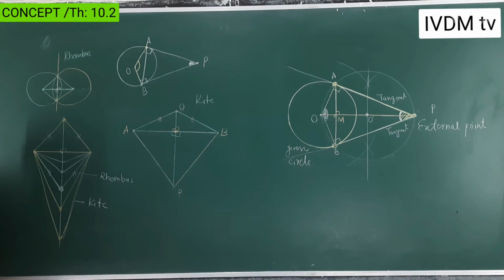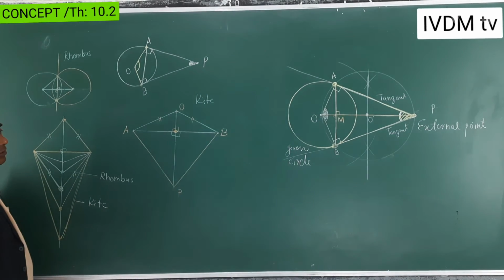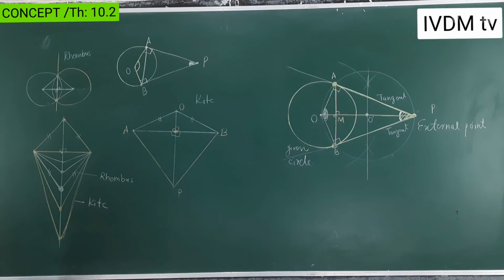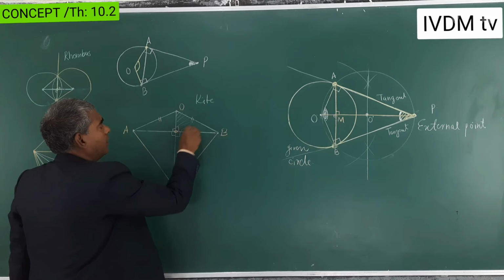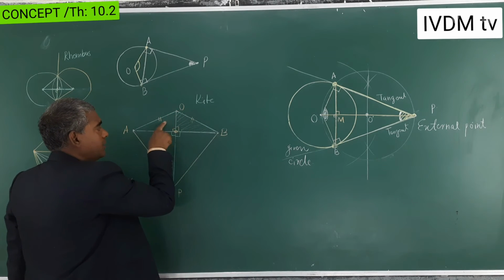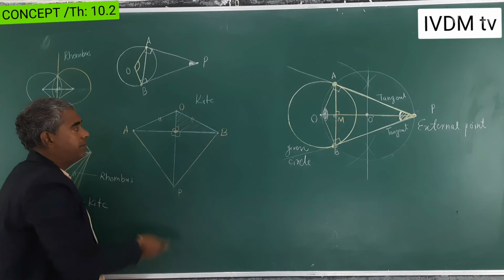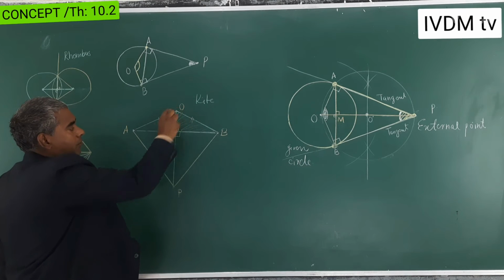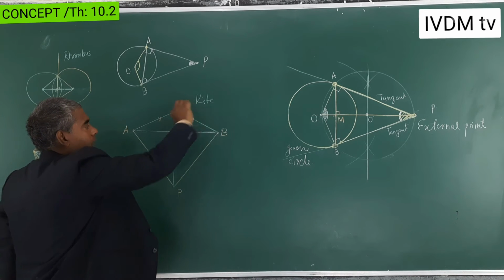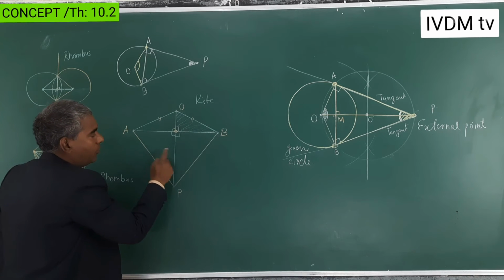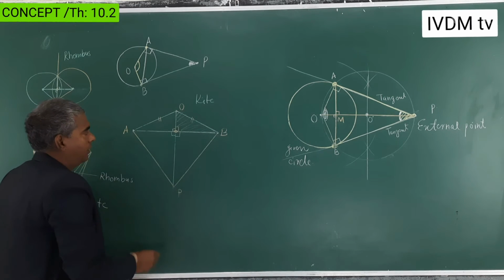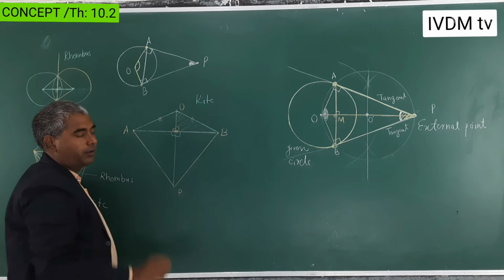These diagonals bisect each other, and these triangles are congruent. Congruent means this is equal to this, this is common, OA is equal. So this is congruent, this is also congruent. So here three types of triangles are congruent.